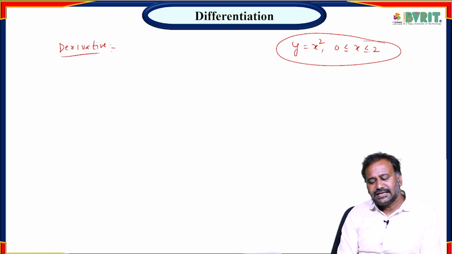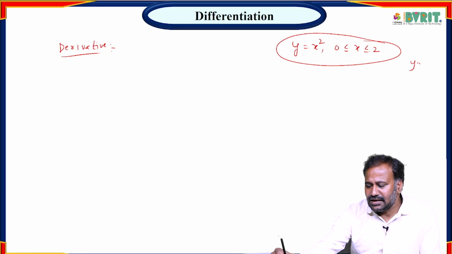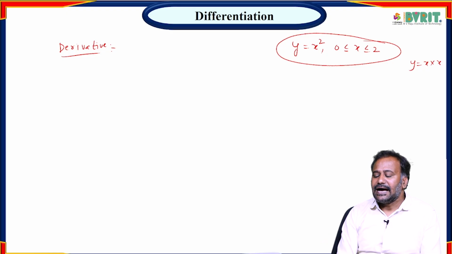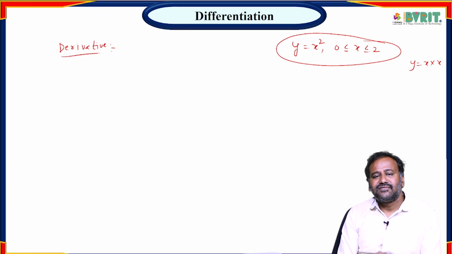y is equal to x squared is nothing but, to get the y value, I have to multiply x twice. That means y is equal to x into x. So y is depending upon x, whereas x is not depending upon any other variable.